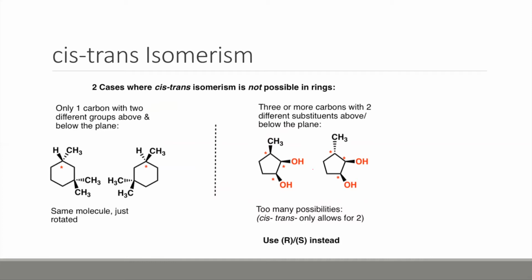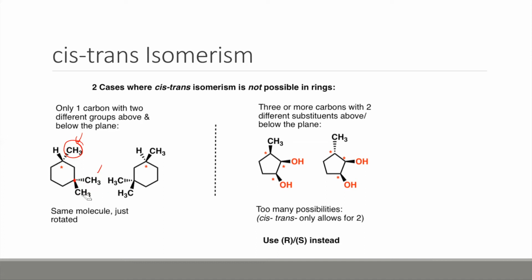Now, cases where you cannot use cis and trans isomerization. For example, if only one carbon has two different groups above and below the plane. Here, we do have two groups that are the same on each side, but on the same point of a carbon, we have groups that are identical.